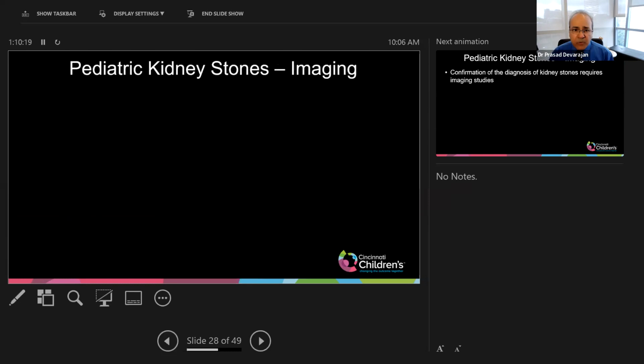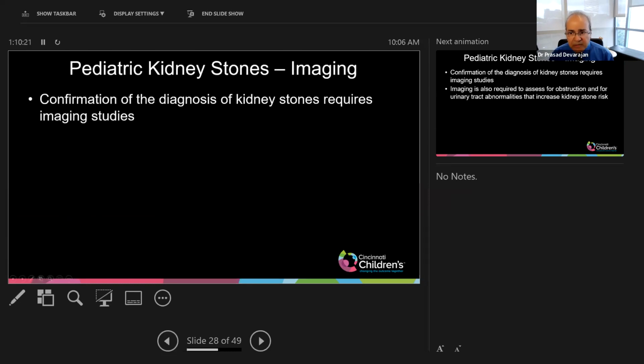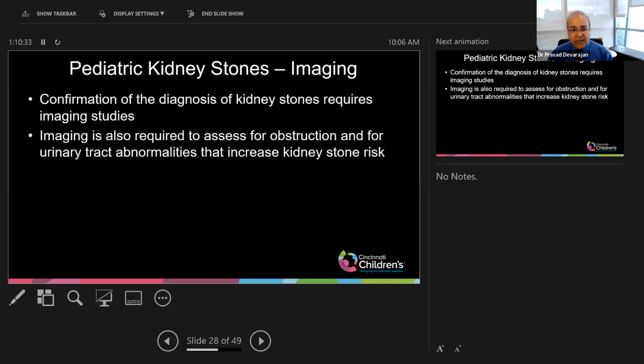Imaging is a very important modality for confirming the diagnosis. Unless the patient comes to you with a kidney stone that he or she has passed, and you do a stone analysis and it's a stone, the only way to confirm the diagnosis is imaging. And it's also required for ruling out obstruction and to look for any urinary tract abnormalities, structural abnormalities that increase kidney stone risk.